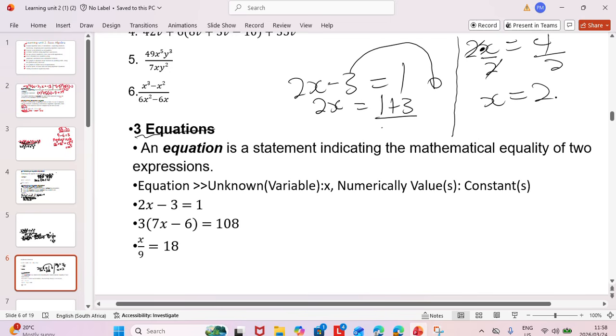Are we clear? So it means now, guys, if x is multiplied by a number such as 2x is equals to 8, you reverse a multiplication by a division. You just divide by 2, you divide by 2 so that you can cancel 2. X is equals to 4.